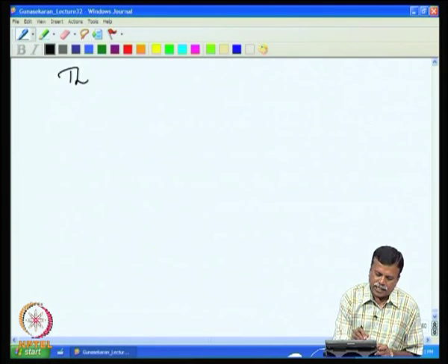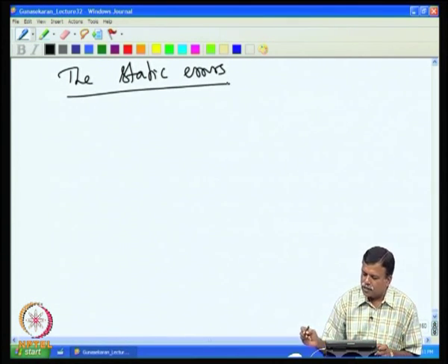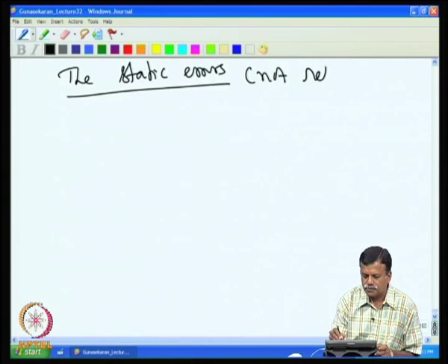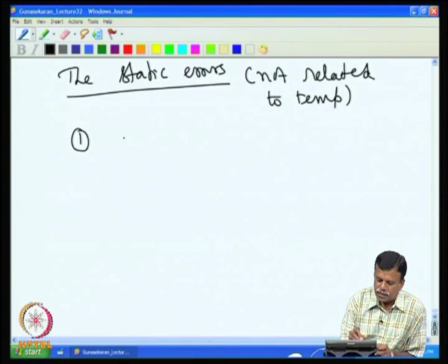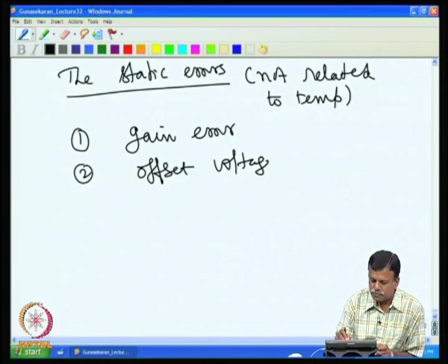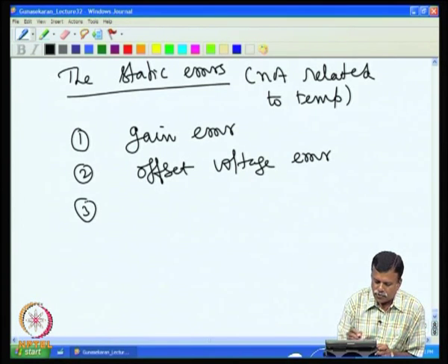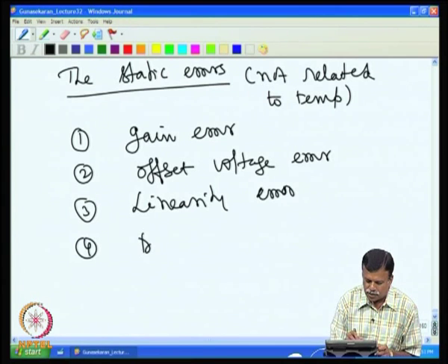The static errors, not related to temperature, are: one, you have the gain error, offset voltage error, then linearity error, then you have differential linearity error.